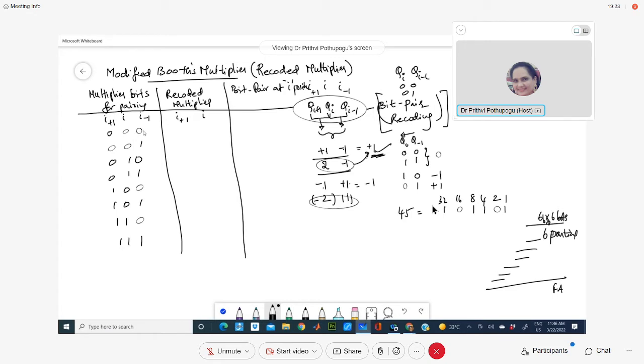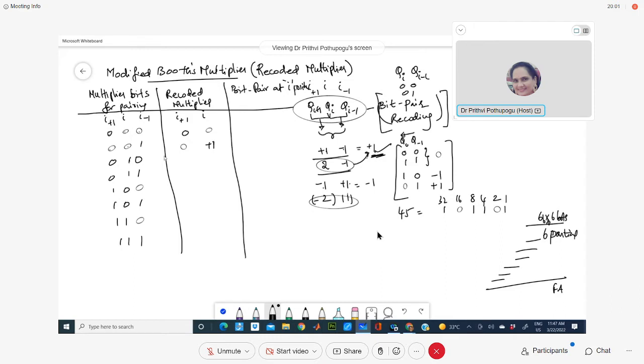Here this is 0 0 0. I'm taking, you can refer to this. 1 to 0, 1 to 0 means plus 1. Again, we need to do the bit pair. This is the recoding we are doing.